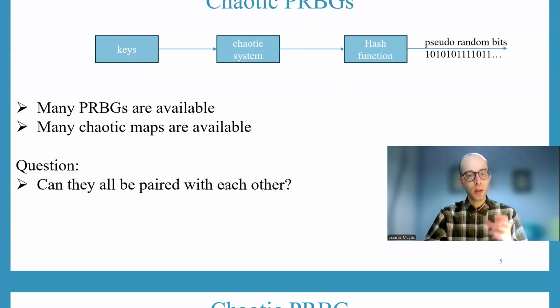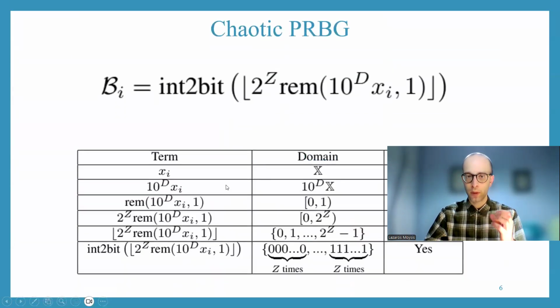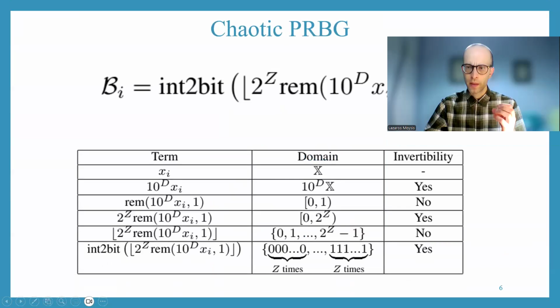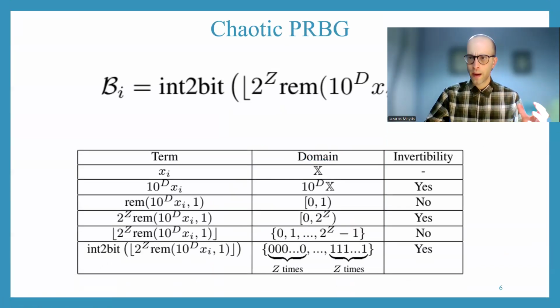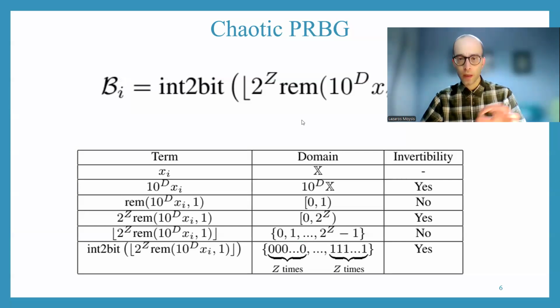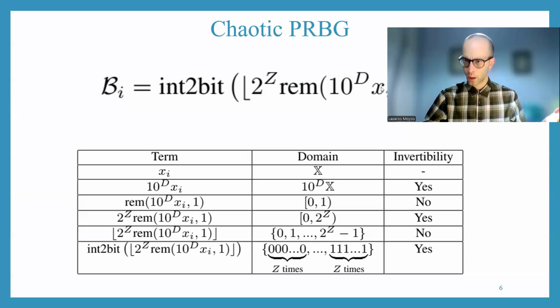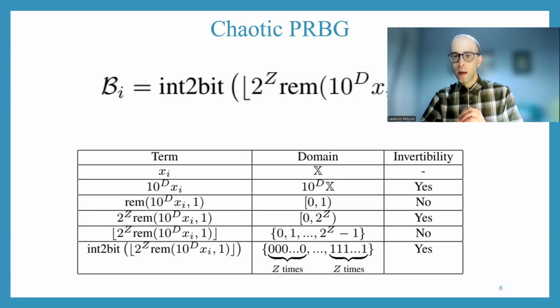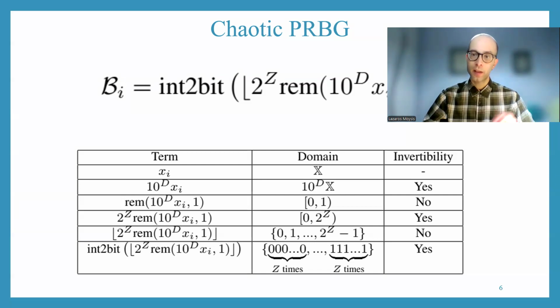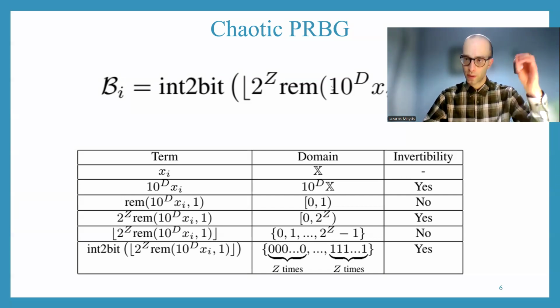And to do this, we considered a very classic design for a random bit generator. This uses some very classic techniques that you'll find in other papers in the literature. So the idea is this. This is the rule. Xi, if you follow my mouse, is the value of the chaotic map. So we take this value, we multiply it by a very big number, 10 to the d. Here we got 10 to the 10th.